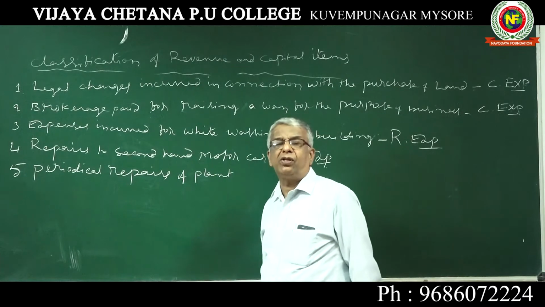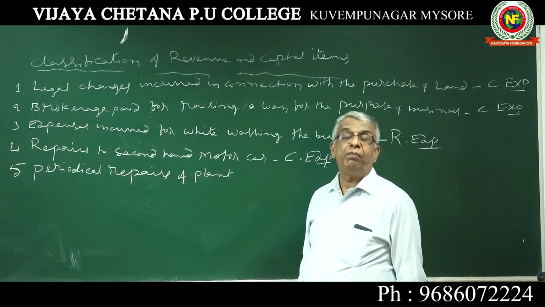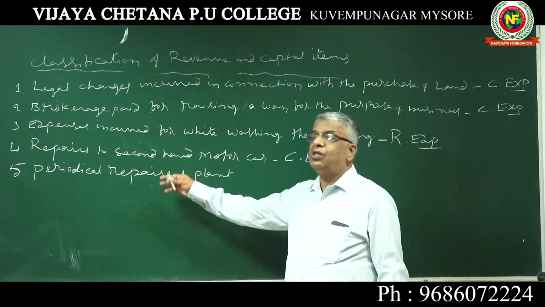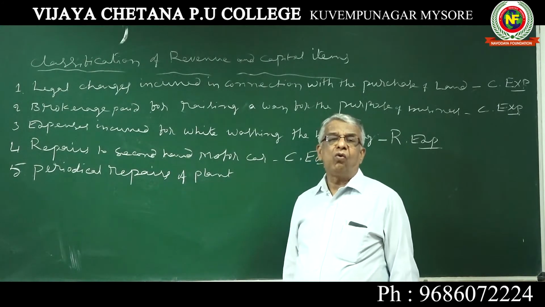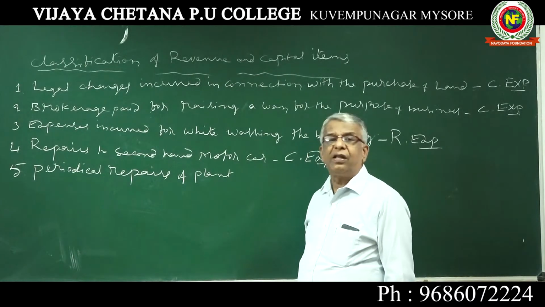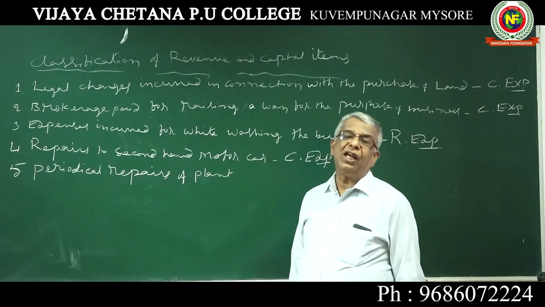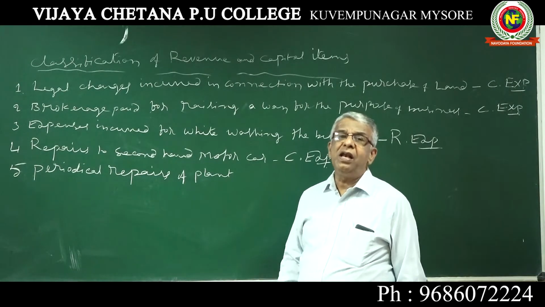As you know, plant and machinery has to be repaired every year. Periodical means once in a year we have to get it repaired. So the expenditure incurred to repair the plant and machinery is recurring and repetitive in nature.